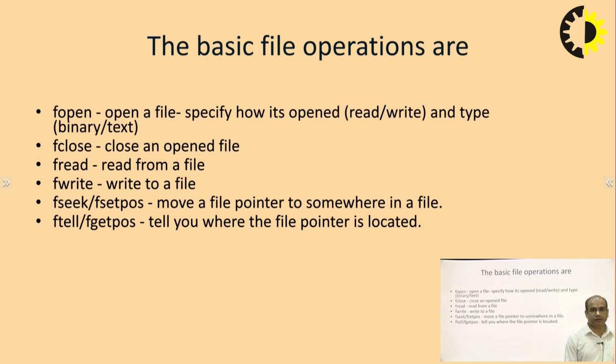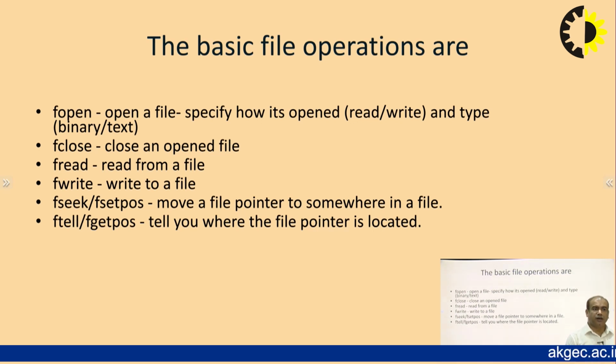Third, we use fread for reading data from the file, fwrite for writing data to the file, fseek or fsetpos, which move the file pointer to somewhere in the file, and ftell or fgetpos, which tell where the file pointer is located. These are the file operations we use in file manipulation.